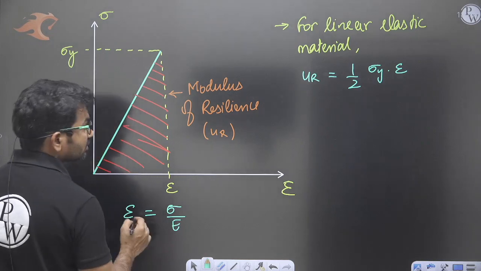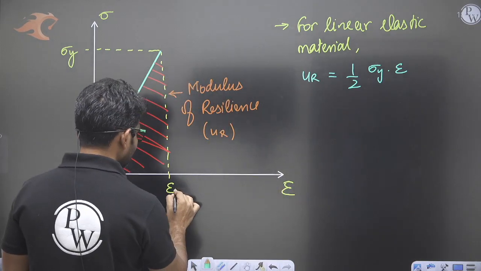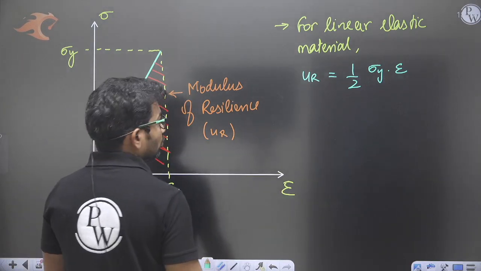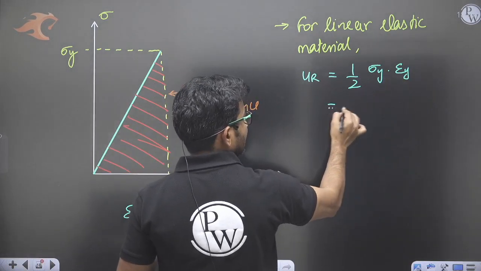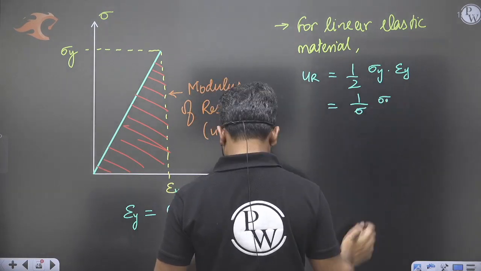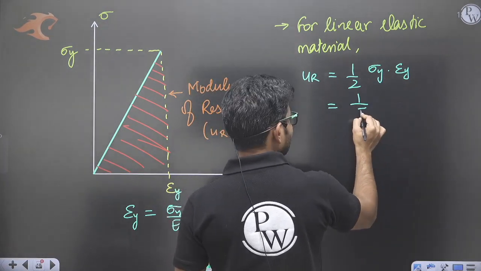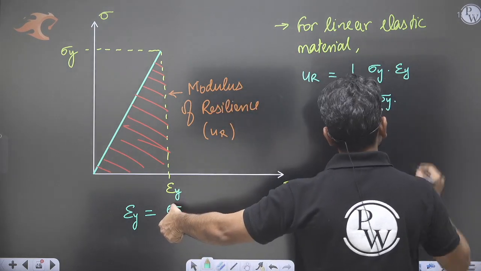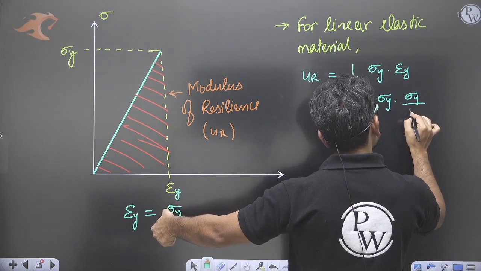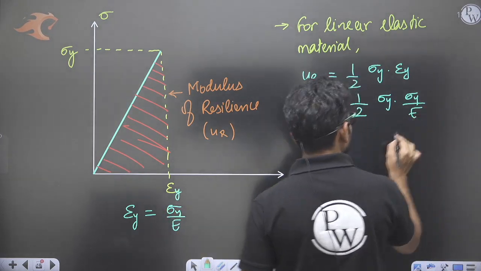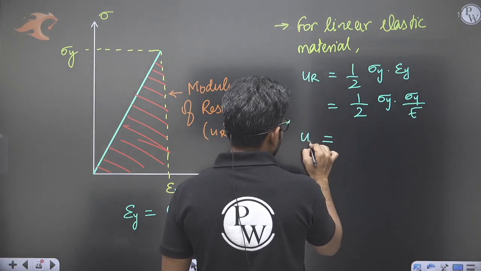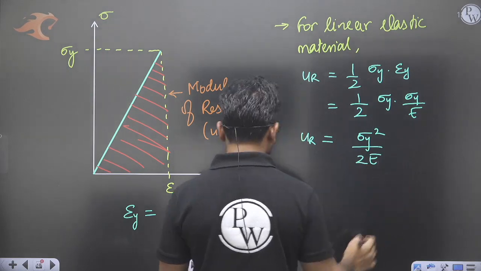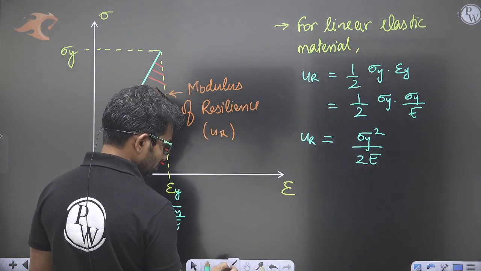At this location we are getting the yield strain, so yield strain will be equal to sigma y by E. If we replace this, we will get half sigma y into epsilon y, where epsilon y is sigma y by E, Young's modulus. So we will get this as sigma y square upon 2E.